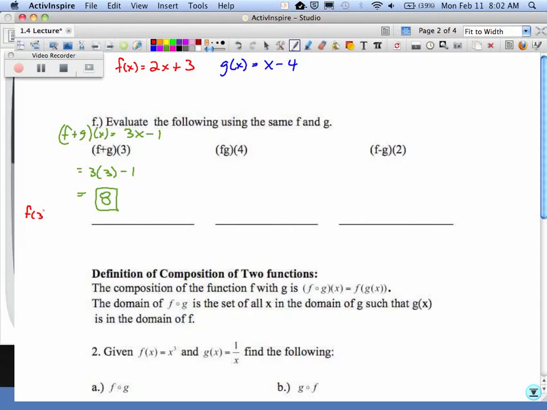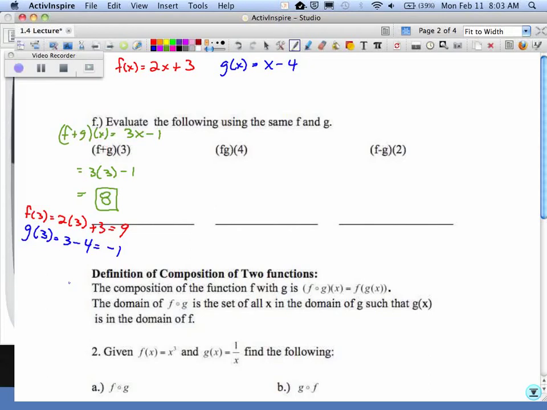I get 2 times 3 plus 3. 2 times 3 is 6 plus 3 is 9. And when I plug 3 into the blue function, I get 3 minus 4, which is negative 1. What happens when I take the red answer and the blue answer and add them together? I get the same as what I did in green.